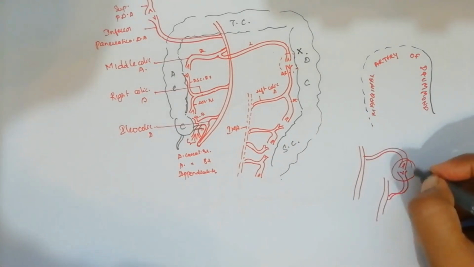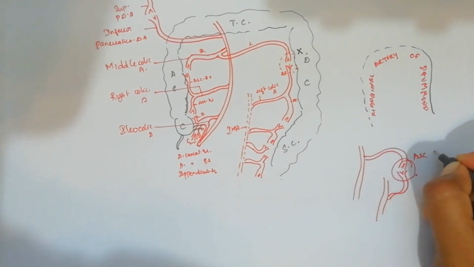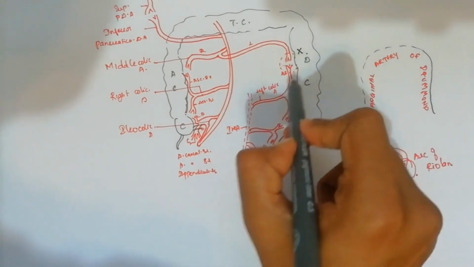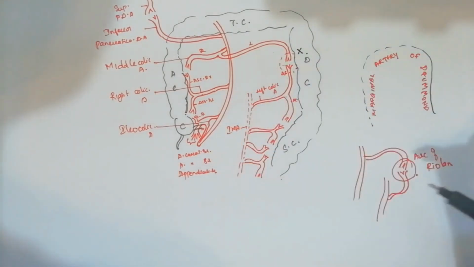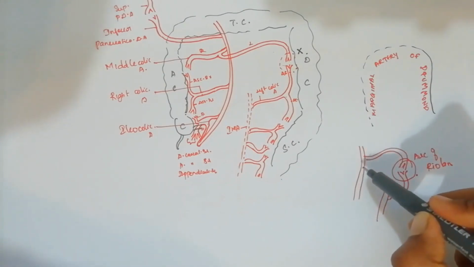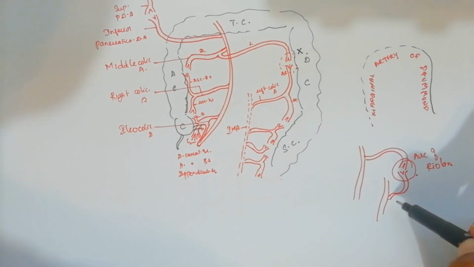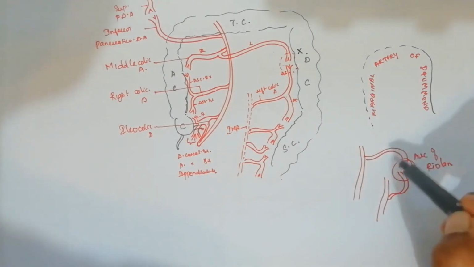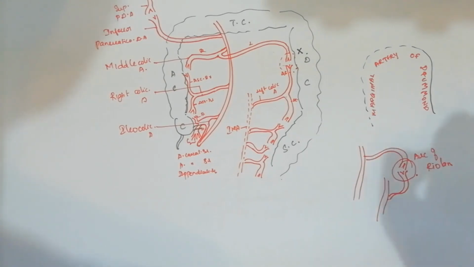This anastomotic channel is called the arc of Riolan. Sometimes if this anastomosis doesn't happen, this condition will arise where an arterial tube arises from superior, an arterial tube arises from inferior, and they anastomose with each other to form an arc. We will call that the arc of Riolan.